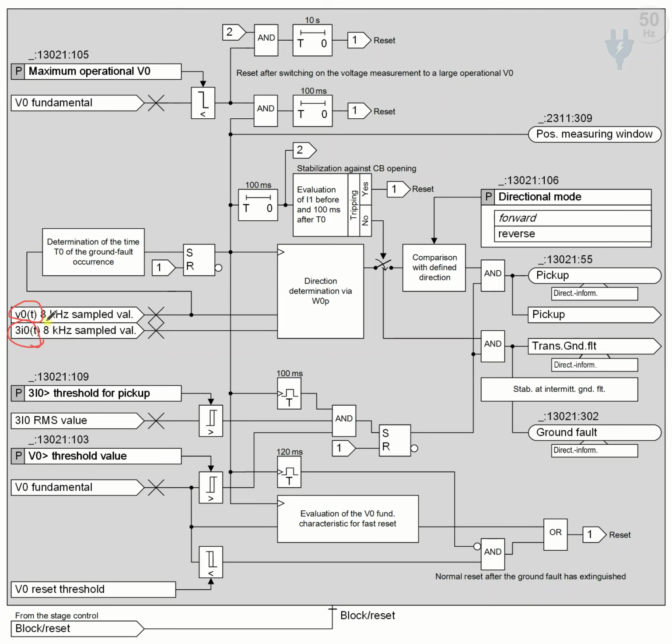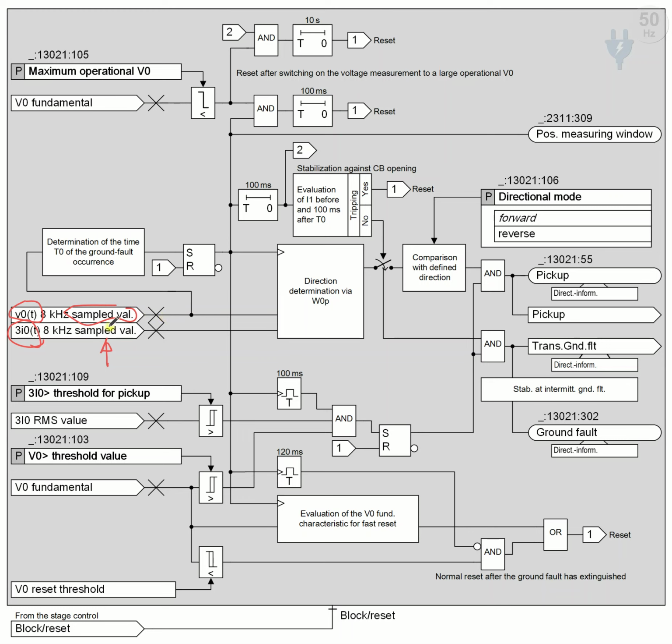And the relay samples this data taken from the CT and PT, and the sampling rate is 8 kilohertz. It means at the rate of 8 kilohertz the relay takes these values, and these values are supplied to another function block.